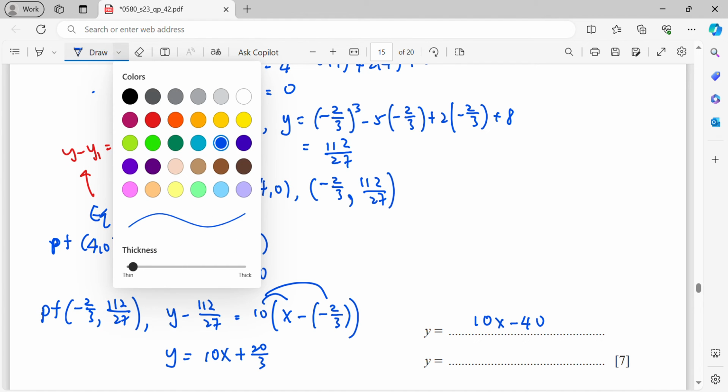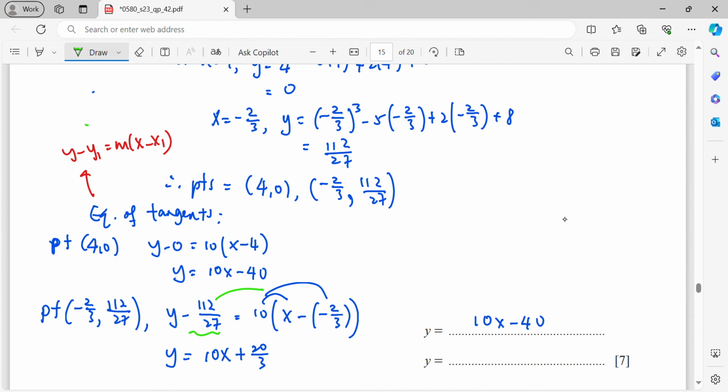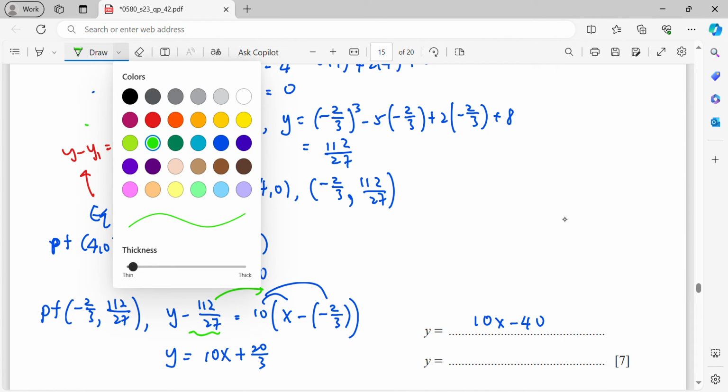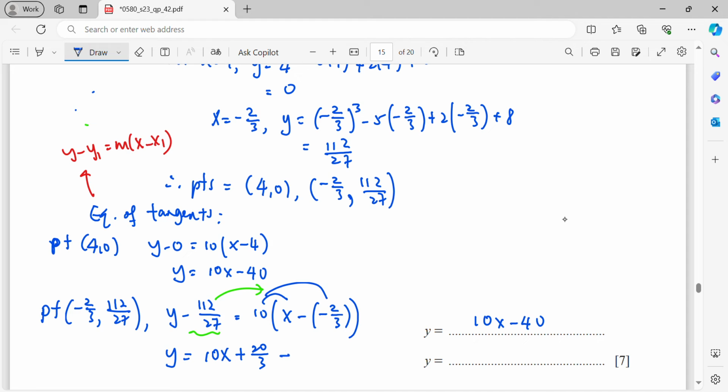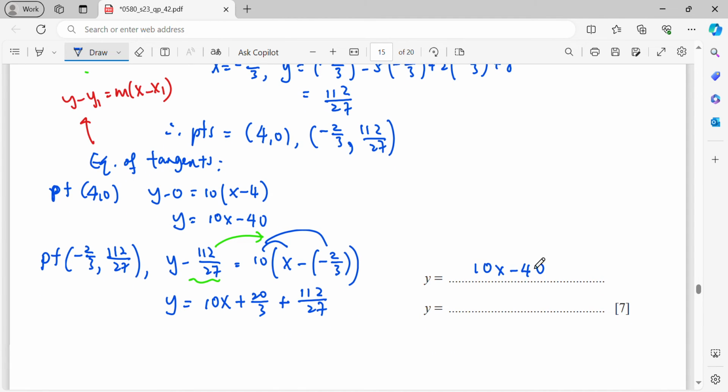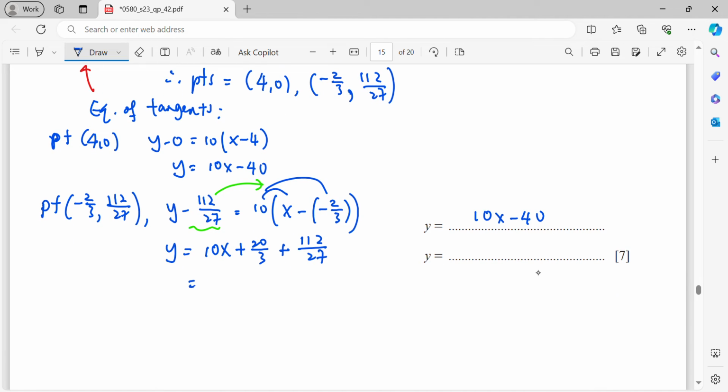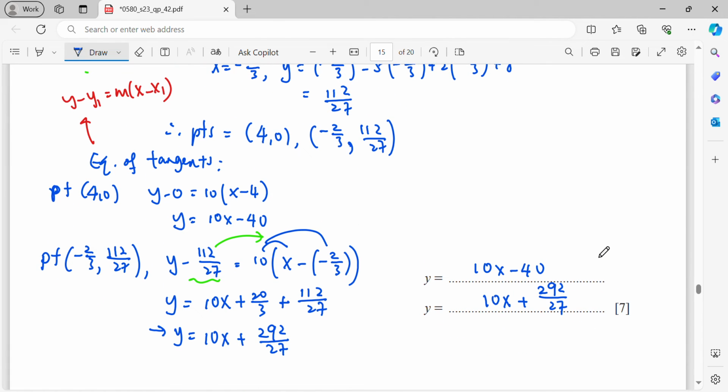Then the minus of 112 over 27 moves to the other side and becomes plus, so here I will get plus 112 over 27. So at last, you will be getting y equals 10x plus 292 over 27. Okay, so that's all for this solution.